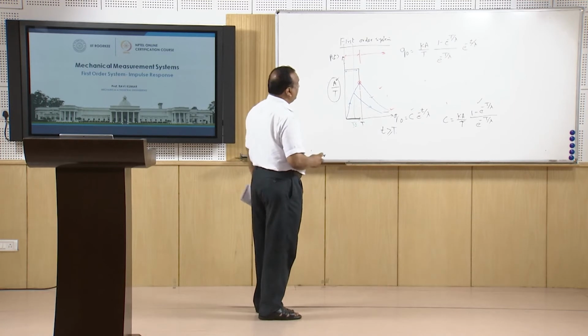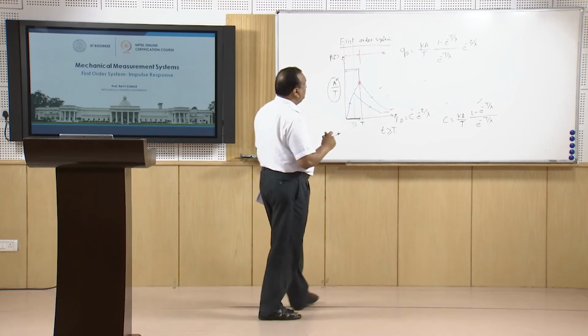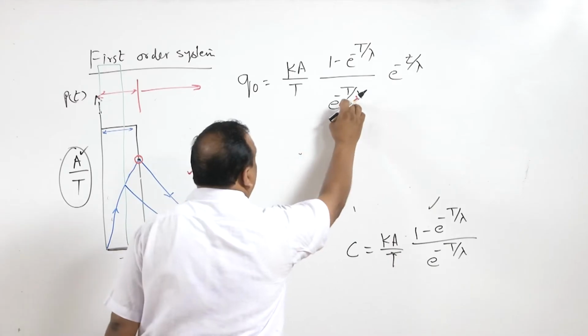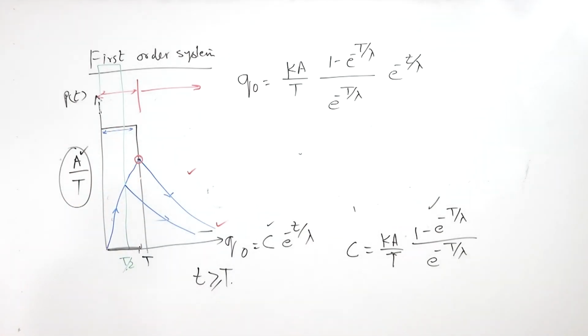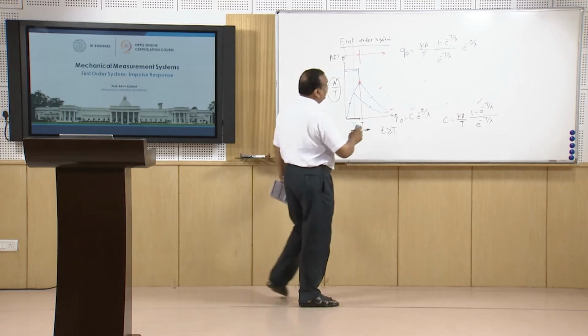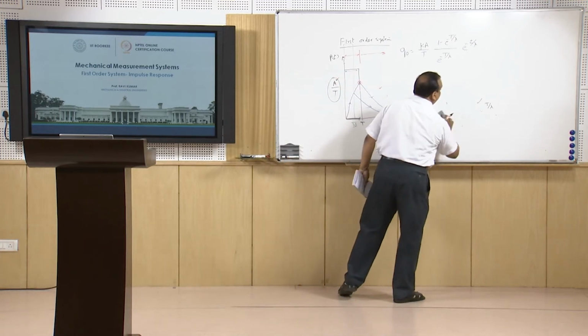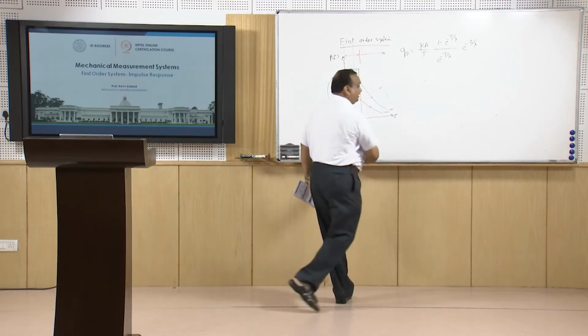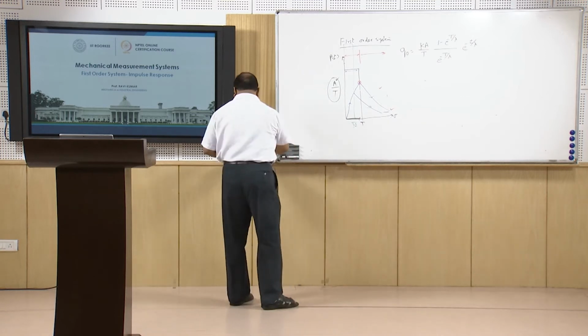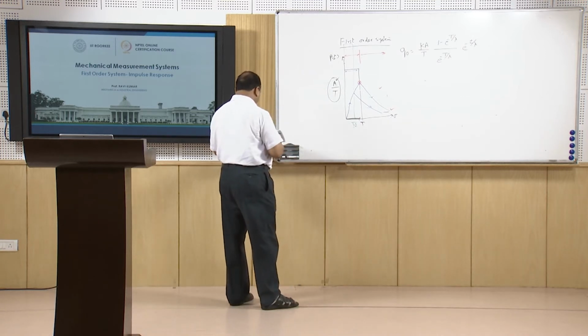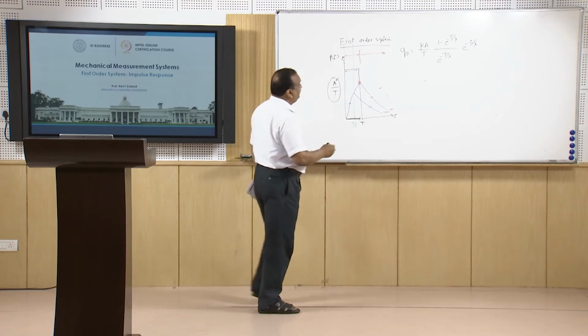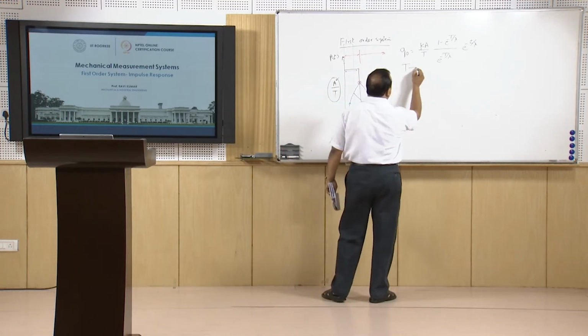Now in this governing equation, we have assumed T as some infinitesimal time, but this is an approximation, right? In the ideal case, what is going to happen to this T? This T should be tending to 0.